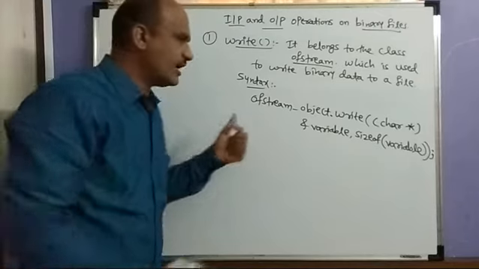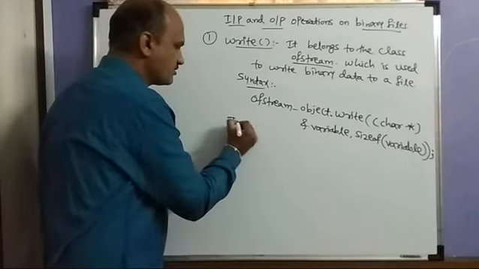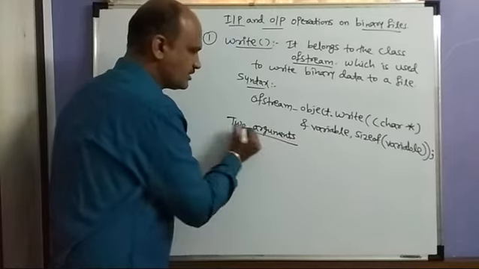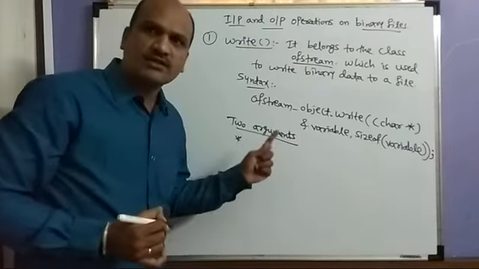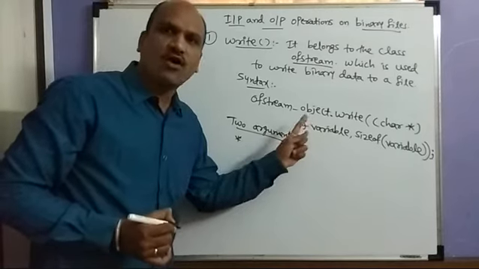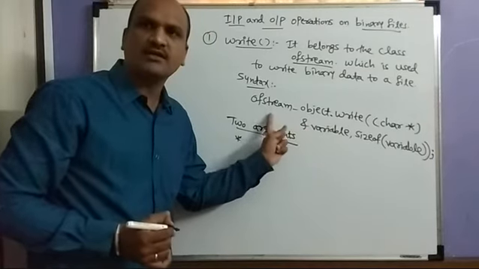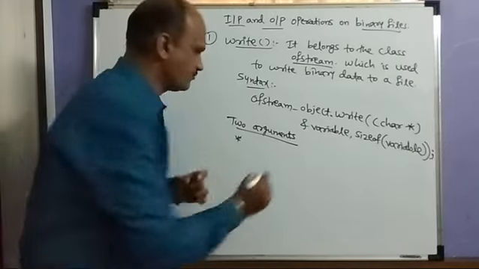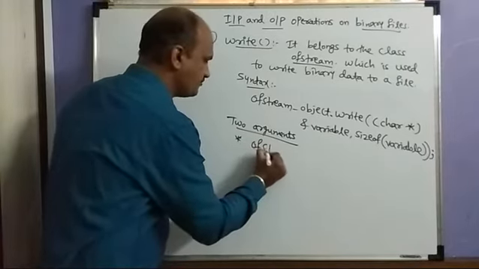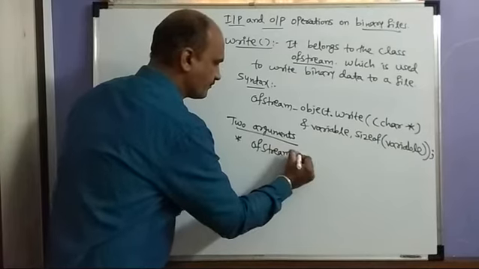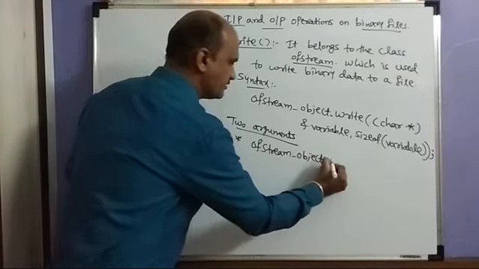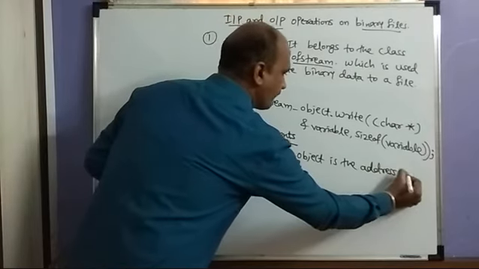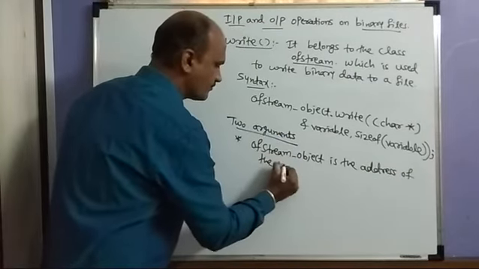The first argument is the ofstream object, which is the address of the variable.